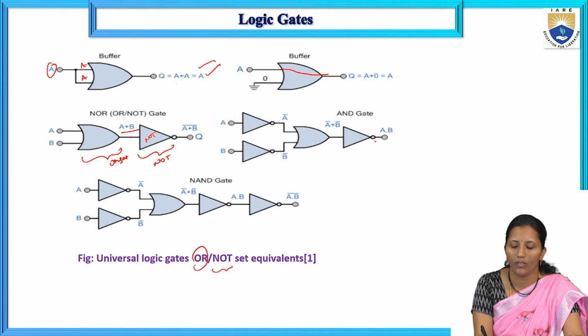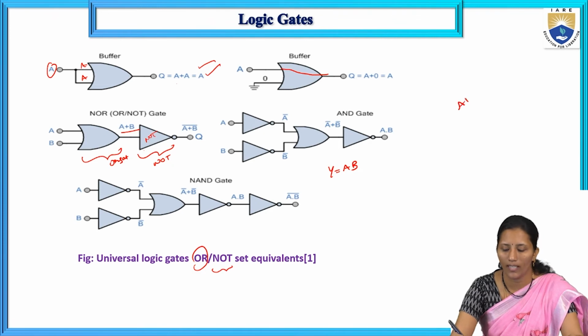AND gate. Here we have to get AB, so by using De Morgan's law, we have to use only OR and NOT gates. So apply De Morgan's law here. AB we can write as A bar plus B bar whole bar. Here we have only the plus symbol and inversion symbol, that is OR gate and NOT gates only.